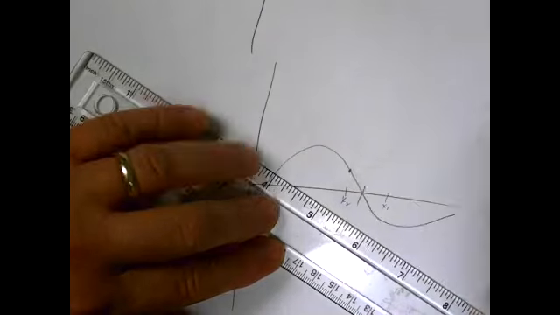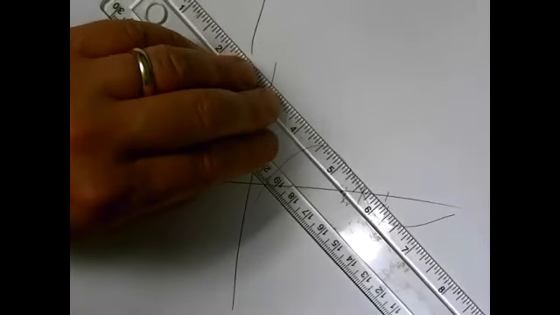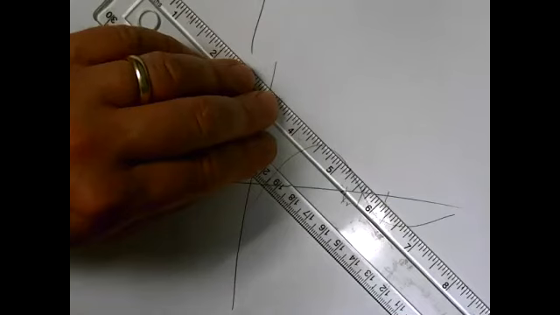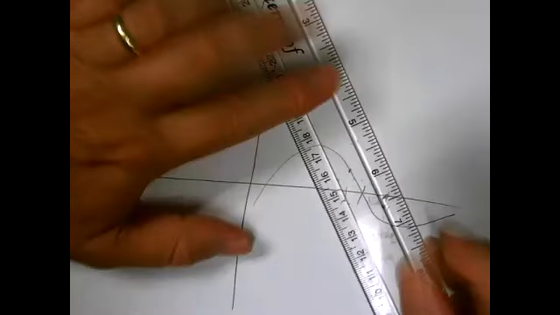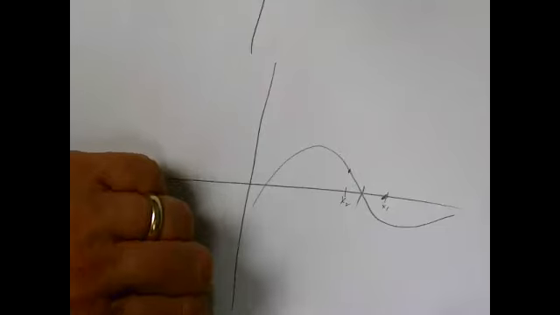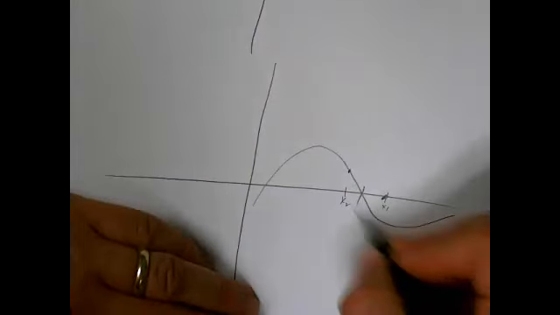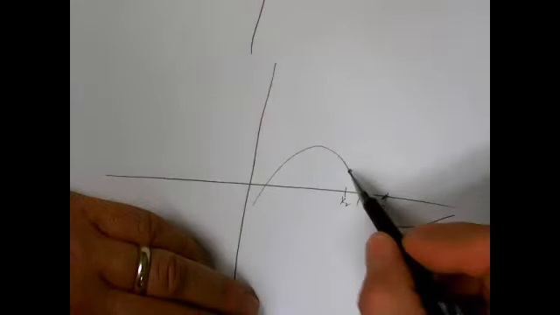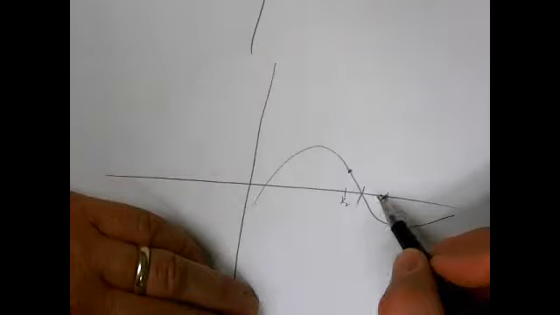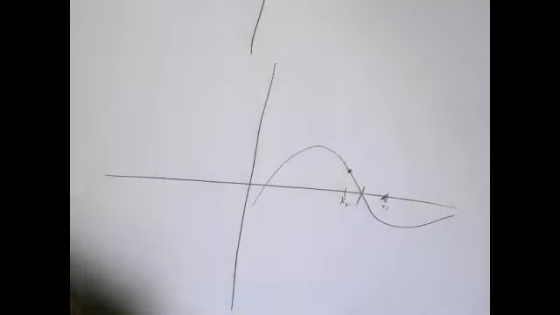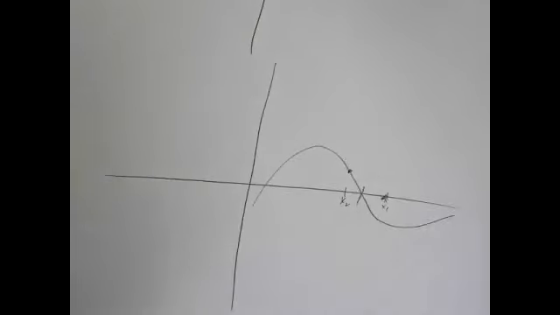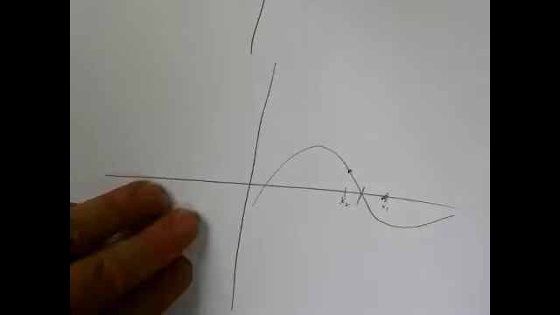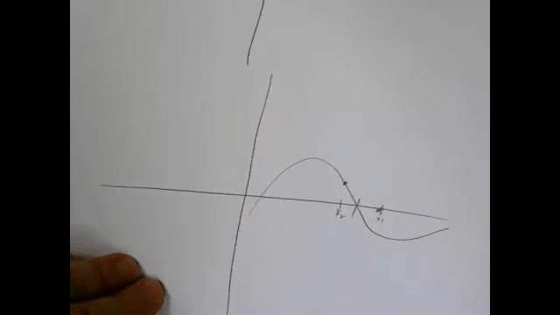There's your second guess, and the second guess bumps us right back. I'm going to have to fudge it a little because I'm not the best artist. If the second guess bumps you back to the first guess, then you've put yourself into a loop. It is possible to be bouncing back and forth between guesses and not really getting any closer. The best thing to do in a situation like that is to scrap it and start with a brand new first guess. There's really no way to recover other than forgetting about the first guess and trying it all over again.